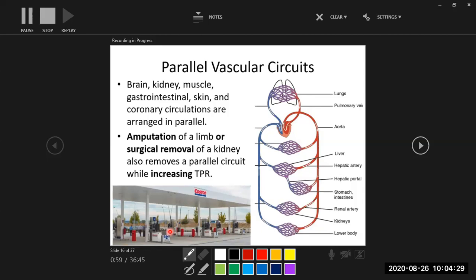Then you will see more resistance for the cars to go through, because you lose one lane to pass through. The more lanes you have, the easier the flow. The fewer lanes you have, the harder the flow. And so amputation will cause the increase of TPR and increase the blood pressure.